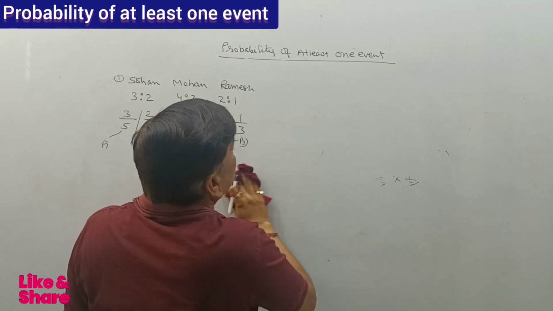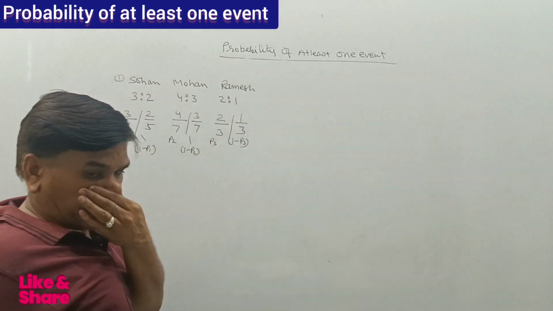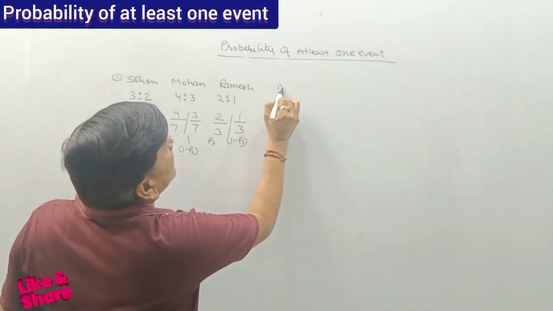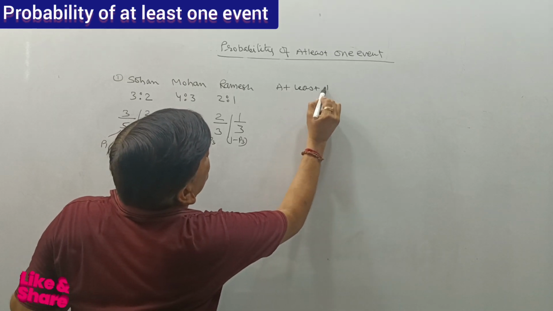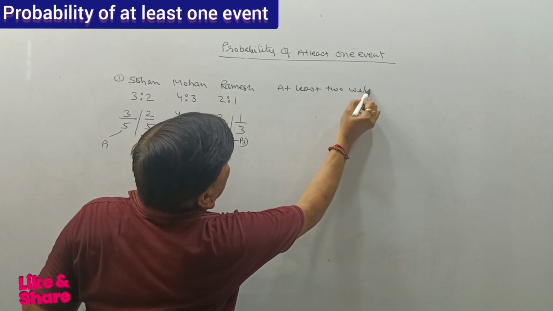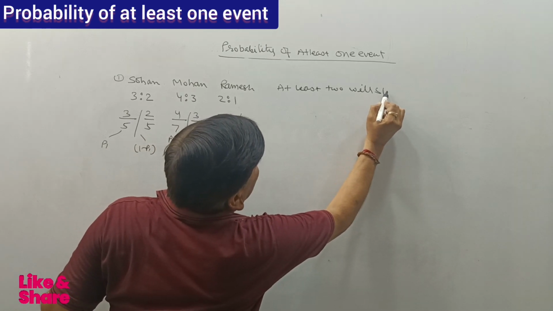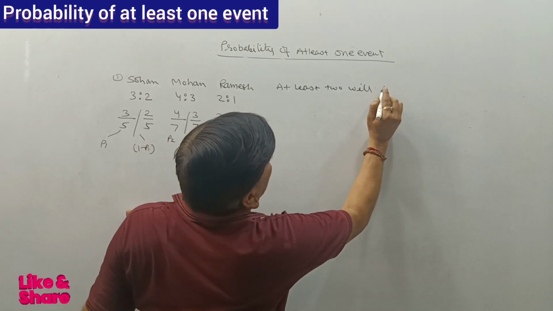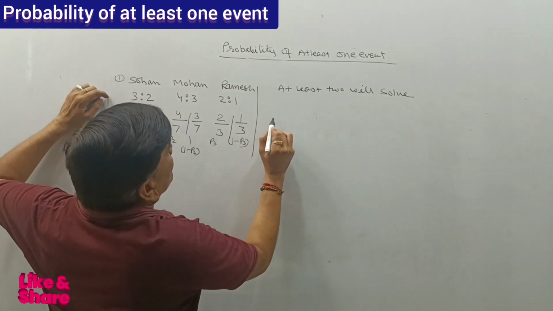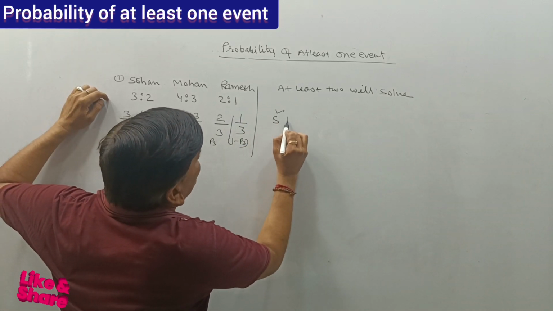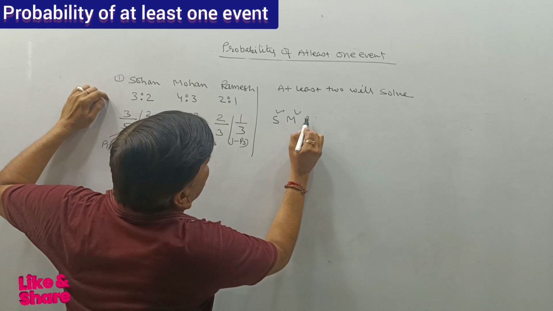If we are calculating at least 2 will solve, the cases are: Sohan solves, Mohan solves, Ramesh does not solve.